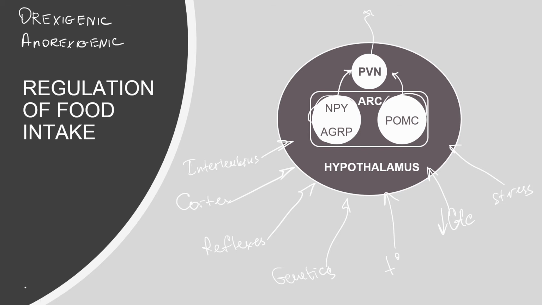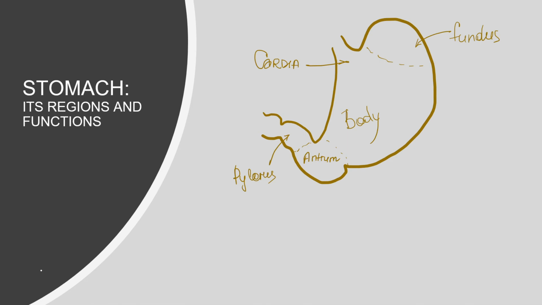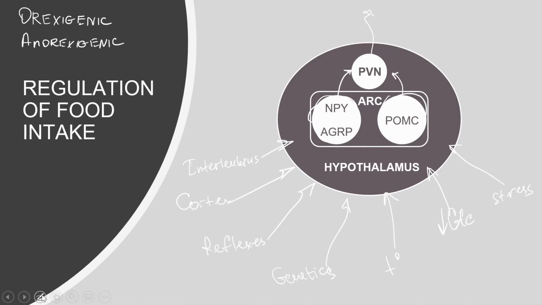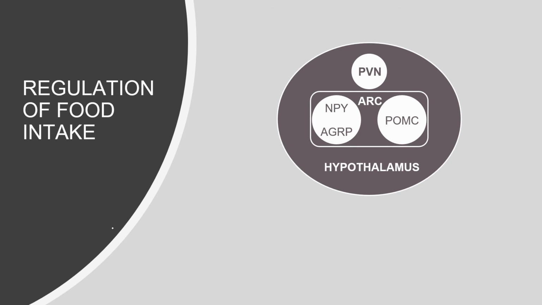In order to go through some of them, let's divide our regulation of food intake into short-term and long-term regulation. I need to erase. All right. So first, we're going to talk about short-term.